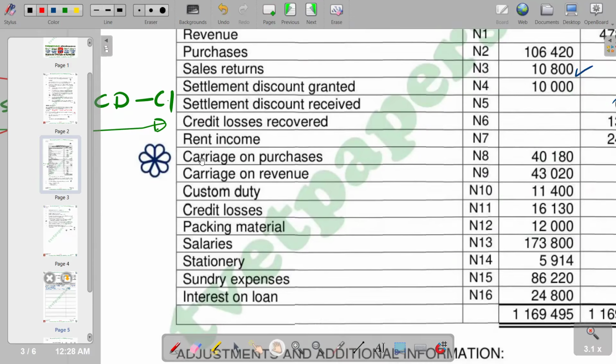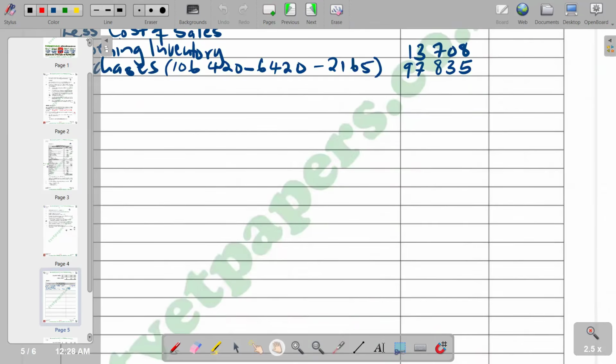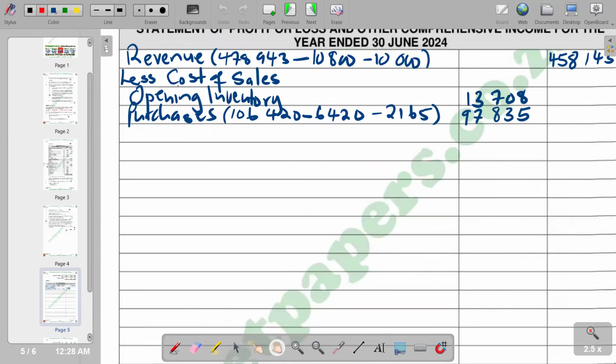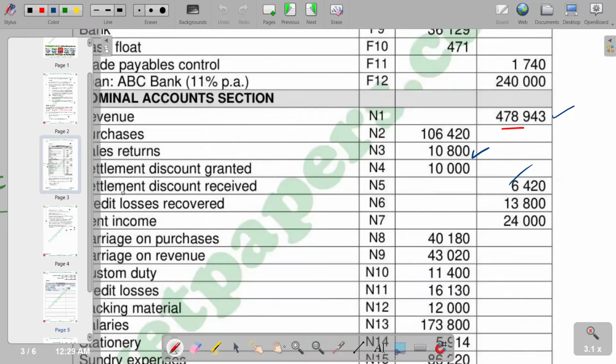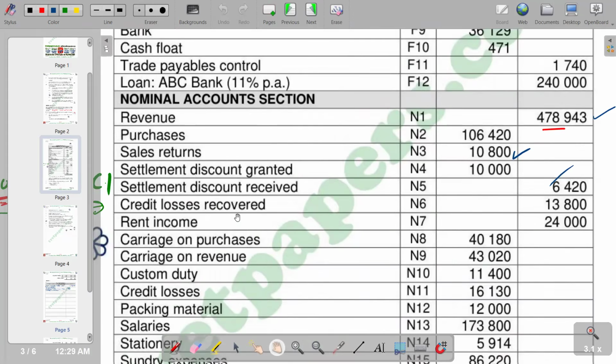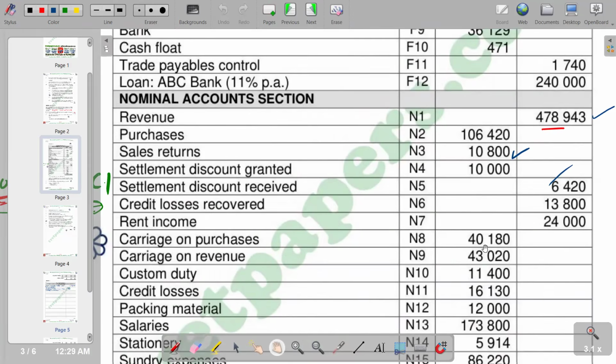So we say carriage on purchases, our figure is 40,180.